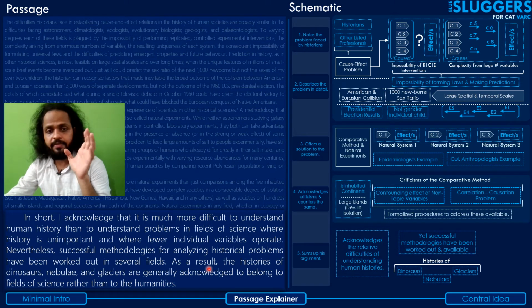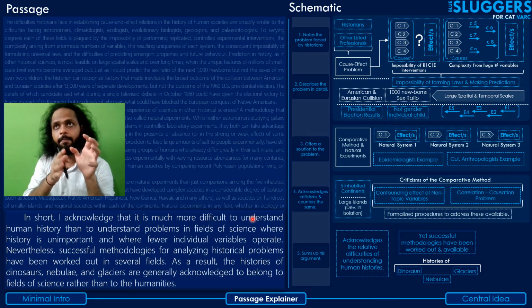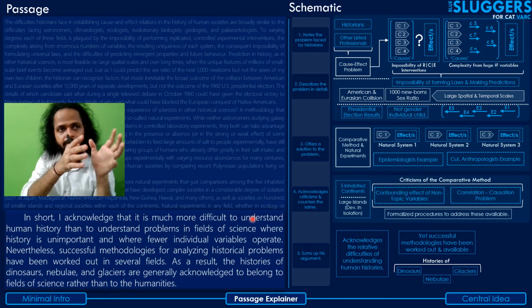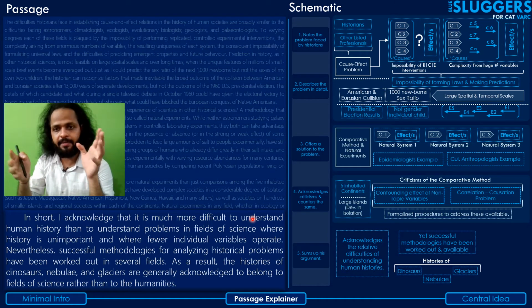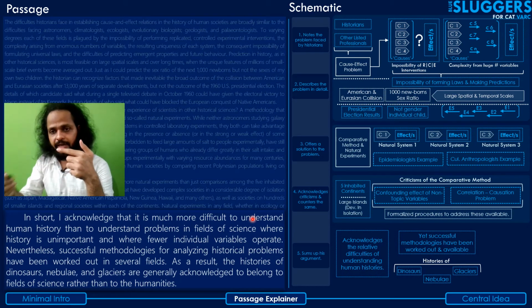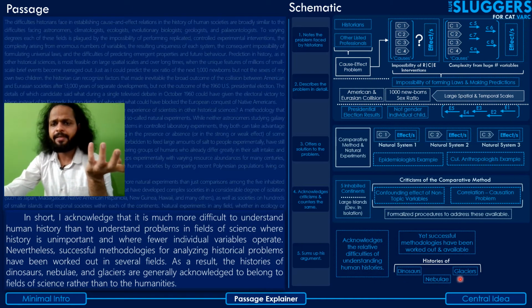In fact, these domains are now considered within the domains of science rather than of humanities, because had they not been able to study natural experiments and observe systematic data by solving these problems with the comparative method, these would have been subjects of humanities, not science.